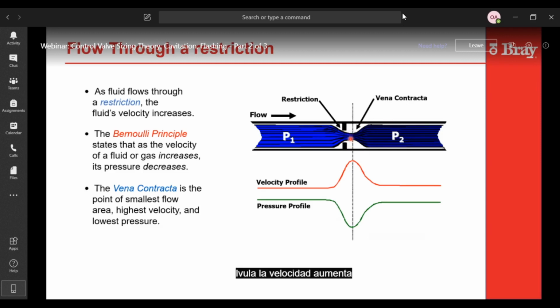Because of conservation of energy and Bernoulli's principle, if you have an increase in velocity, you get a corresponding drop in pressure at that point, and then it recovers downstream. The curves are shown below. Your velocity will spike, and as velocity goes up, pressure will drop at that point, and then it will recover downstream as the area of the pipe increases and the velocity decreases going into the bigger downstream pipe.